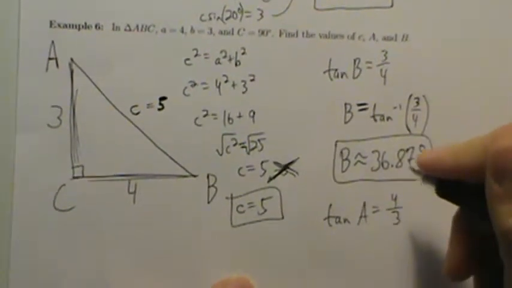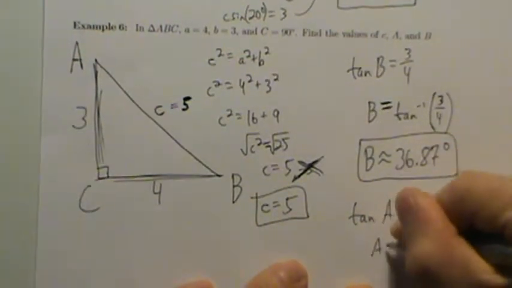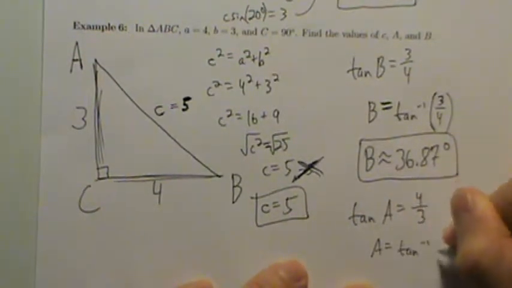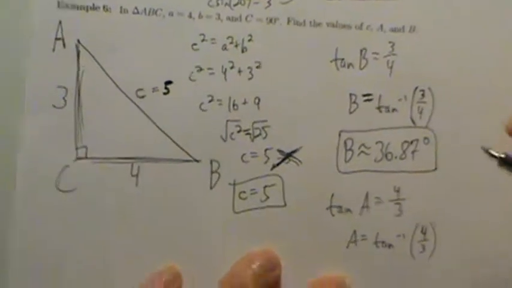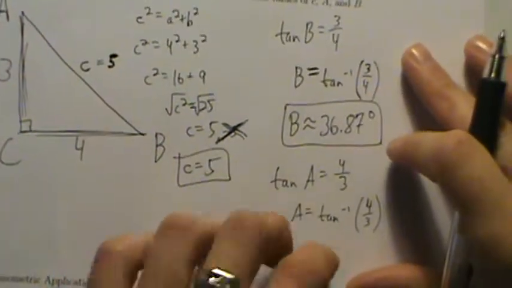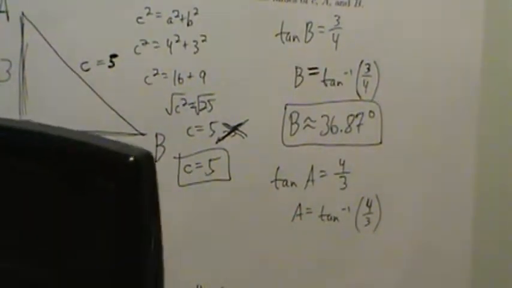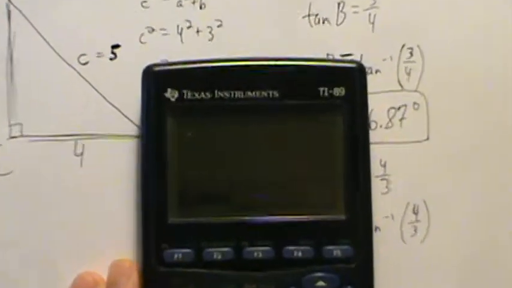Okay. Just like before, because we're in a right triangle, we can just take the inverse tangent of both sides, and we'll have A equals inverse tangent of 4 over 3. I won't go through the explanation again, but it's basically just because we're in a right triangle, it's okay to do this. Take the inverse tangent of both sides and nothing crazy is happening. So let's put that into a calculator and see what we get.